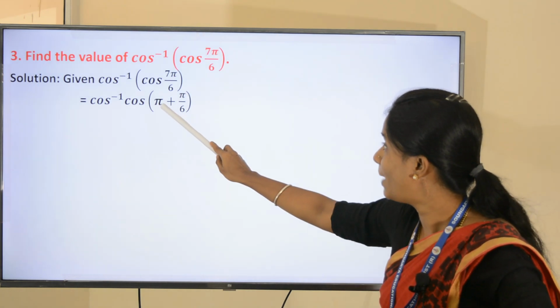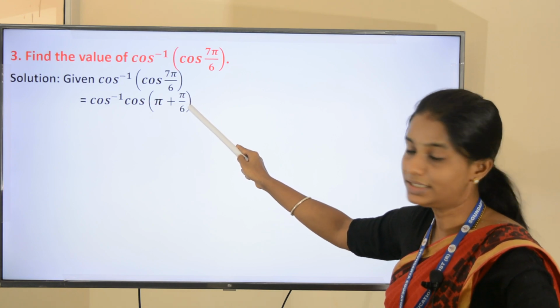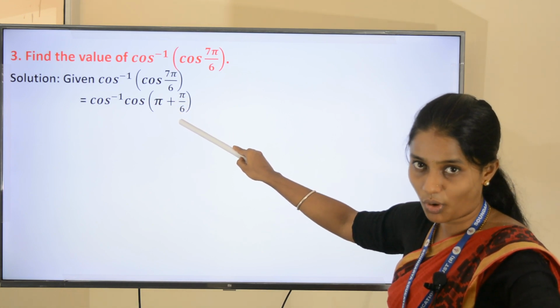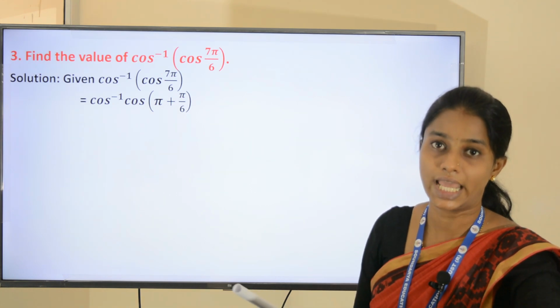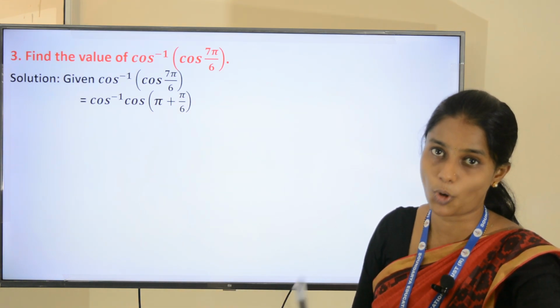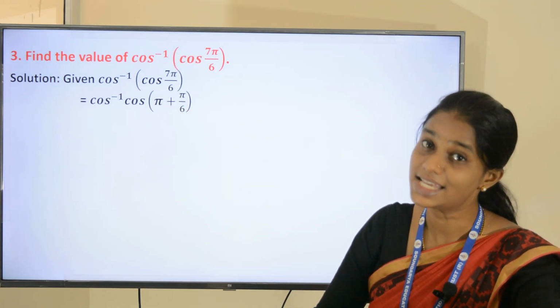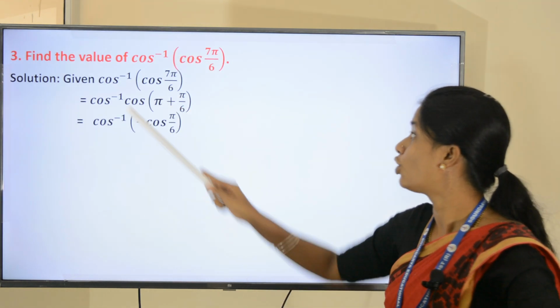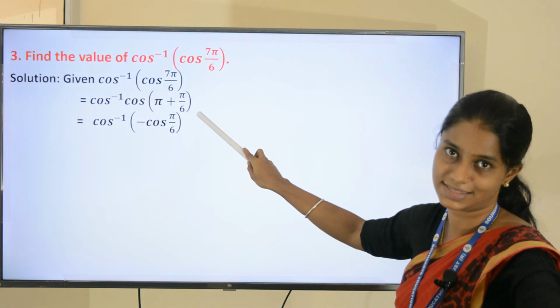Now pi plus pi by 6, 180 plus, isn't it? So it lies in the third quadrant. In the third quadrant, the cos trigonometric function is negative. Please remember this point. Therefore, cos inverse of minus cos pi by 6.